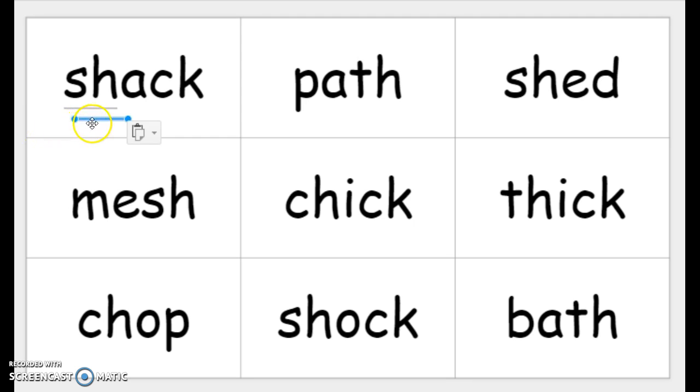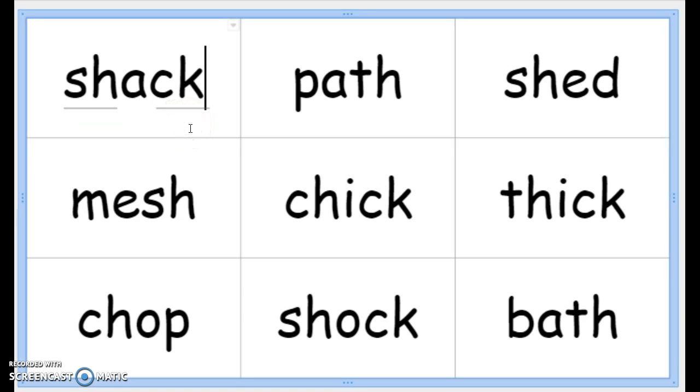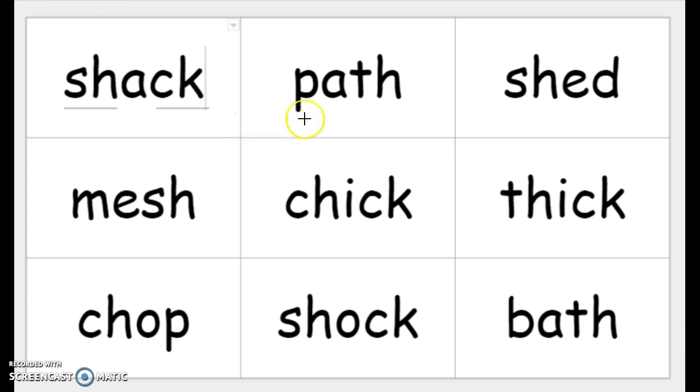The reason I'm underlining them is because I want you to be able to see that while there's two digraphs, those digraphs make one sound. So SH says sh, and CK says k. So let's sound this word out. Sh, ack, shack. All right, let's find the digraphs in all of the words.